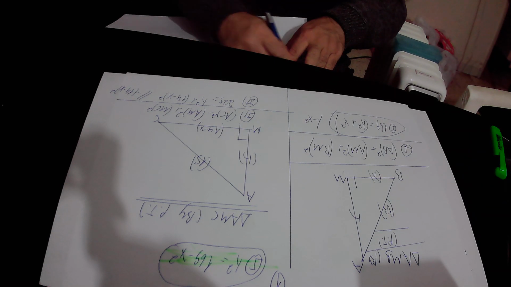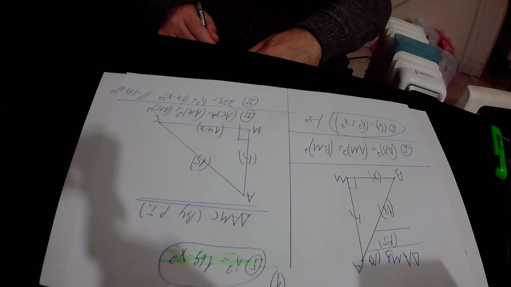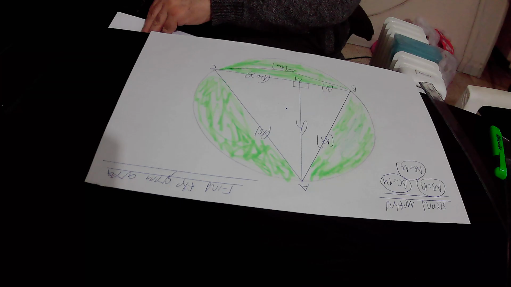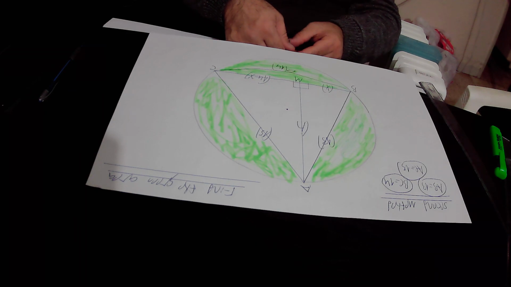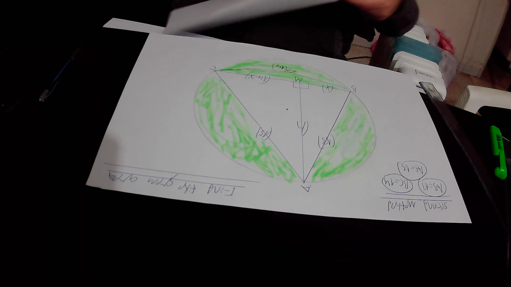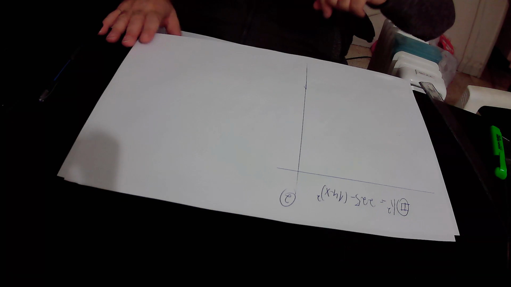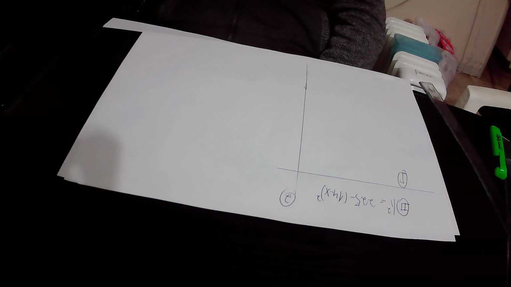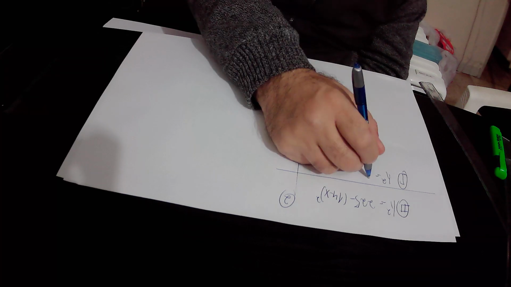Repeating again, we found out that according to equation number 2, H square equals 225 minus (14 minus X) square, while according to equation number 1, we have already found out that H square equals 169 minus X square.